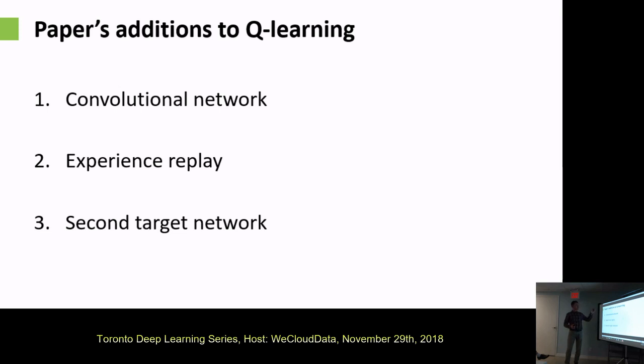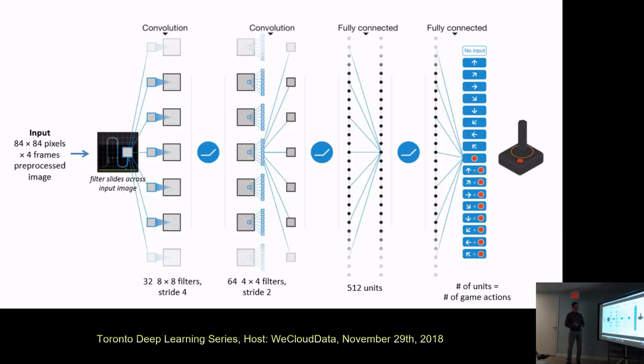What the paper added to this Q learning are three things. The first one is the convolutional network that they use to pre-process the images that we feed into the network as a state. The second one is experience replay, and the third one is they added another network, which I'll talk about in the next slides.